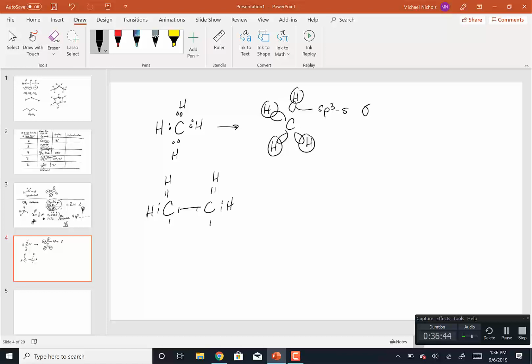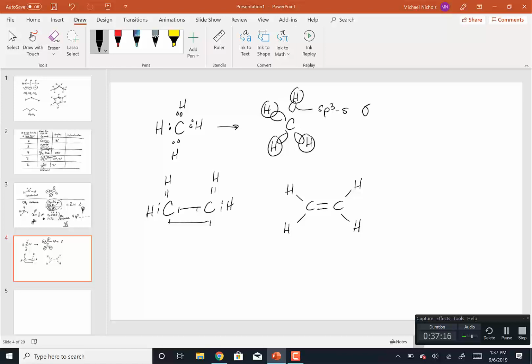We pair those 2 together to form the carbon-carbon bond. What do I have left over? 2 unpaired electrons, which I'm going to share, so the carbon gets to its octet. And so now I have a simple molecule called ethylene, which is C2H4. There's my Lewis dot structure picture of the bonding.